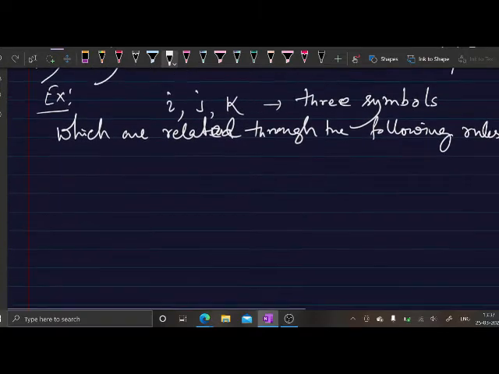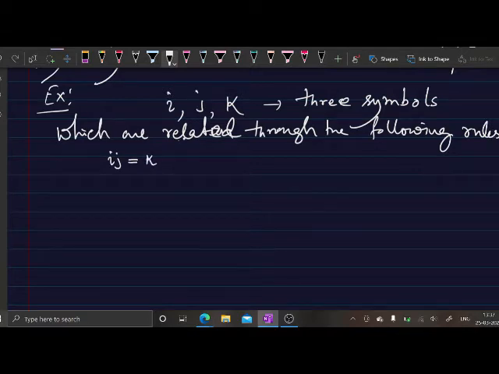Okay, what are those? Now if you put i and j, just placing i and j, this will be k.